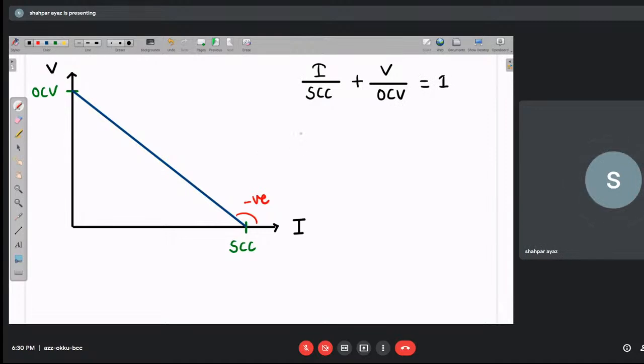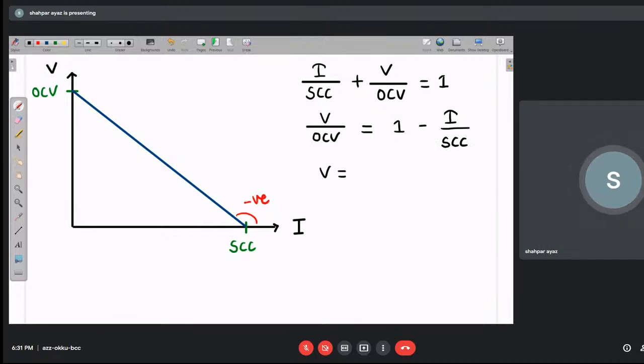Clear? So now, guys, V by OCV is equal to 1 minus I by SCC.